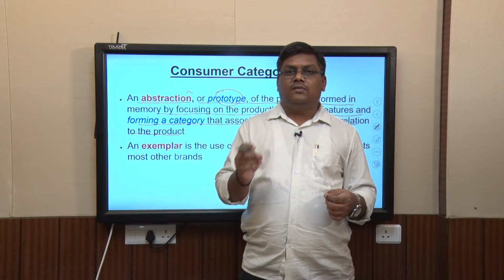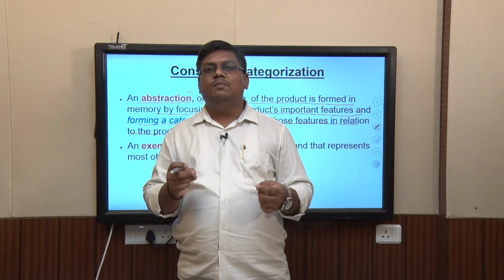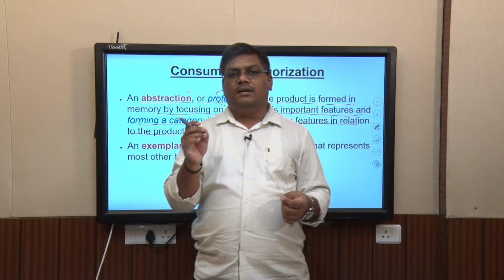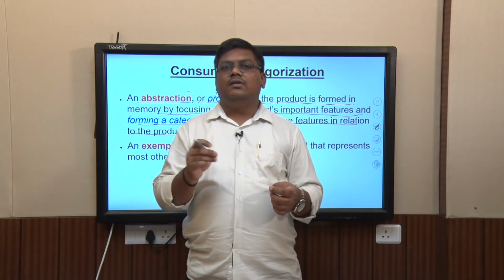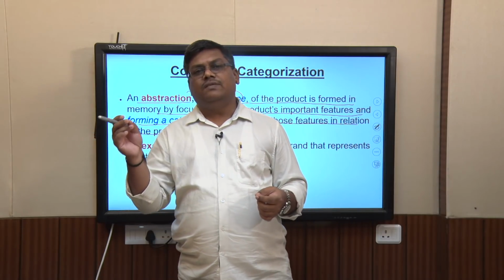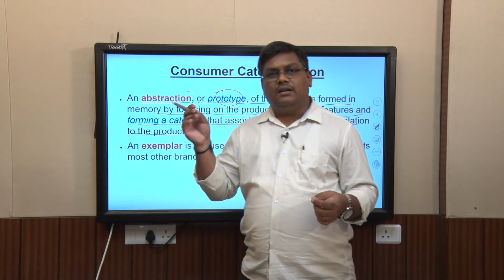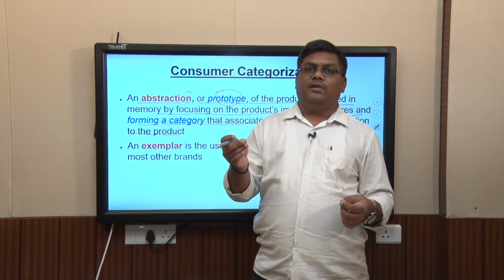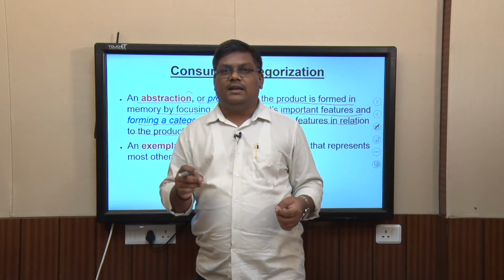What you will quickly do is look into the features, extract certain features of the product and try to match them with categories of products which are already there in your mental set, or with mental representations which are already there of different kinds of products. And if the product does not match any mental representation, you will form a new category for it, and that is called the prototyping or abstraction method of categorization.